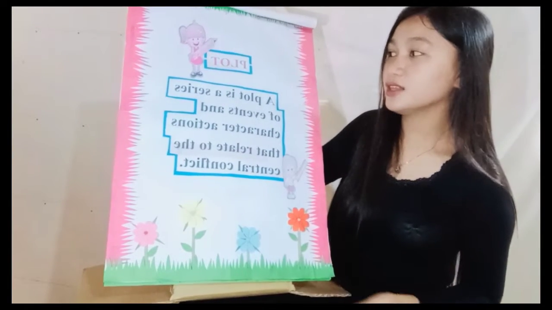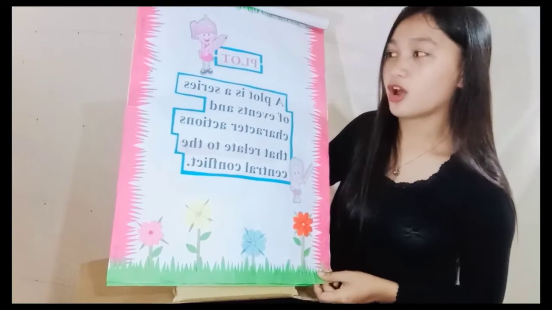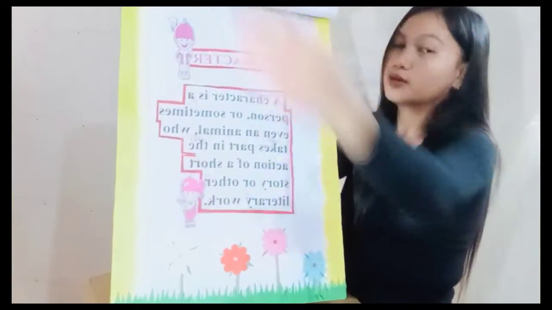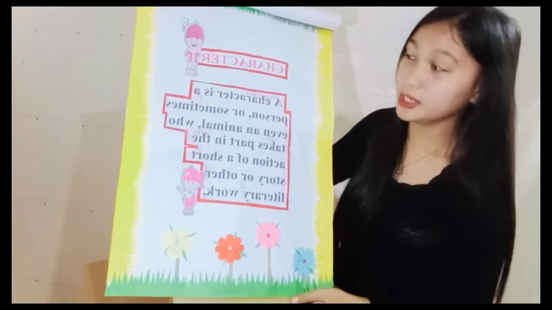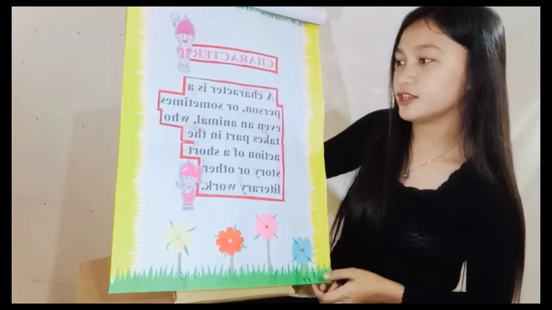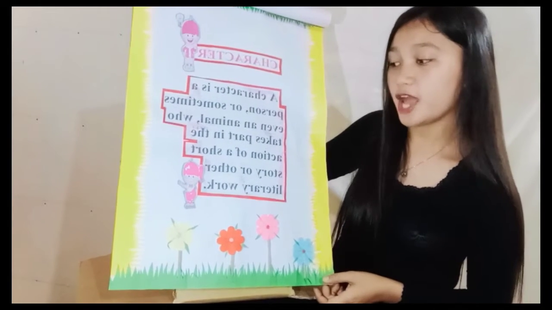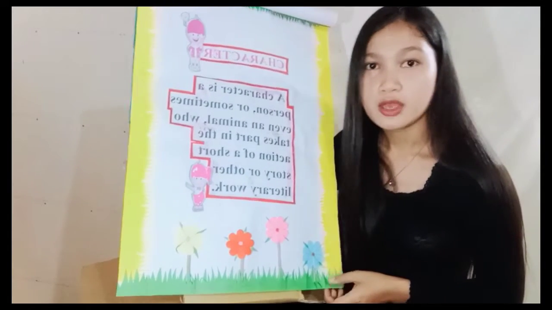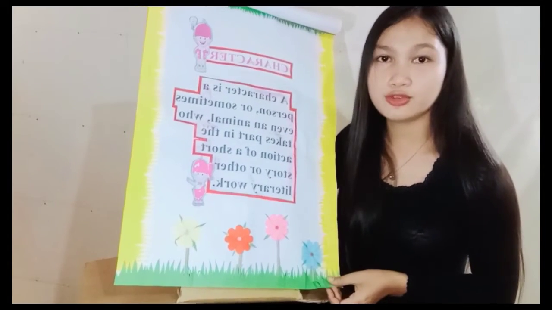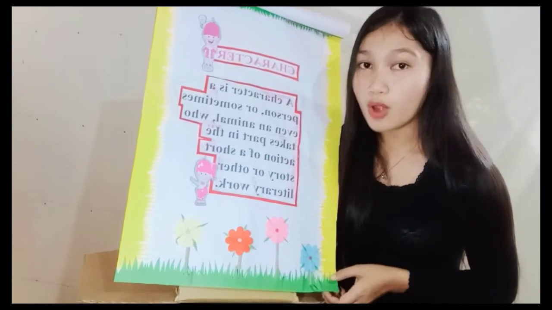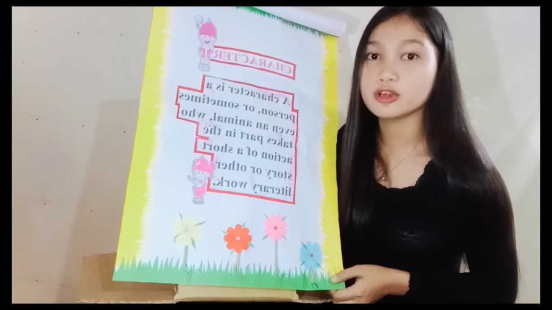Next, let's go to character. Based on our flip chart, a character is a person or sometimes even an animal who takes part in the action of a short story or other literary work. Depending on how you see it, a character can be classified as either round or flat, dynamic or static.